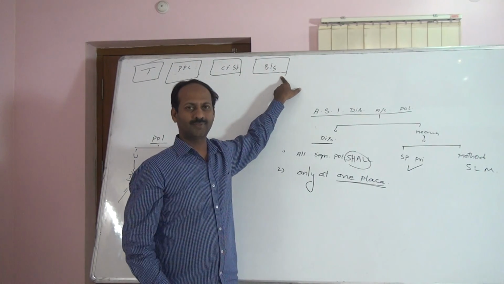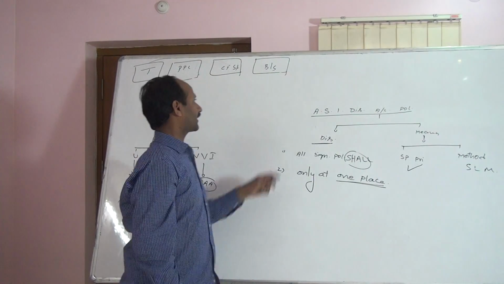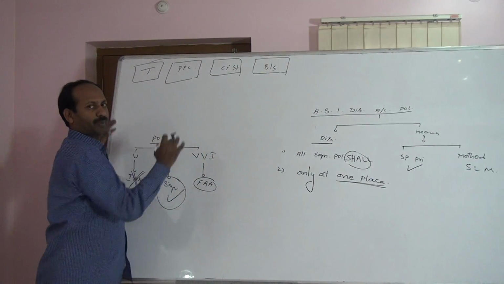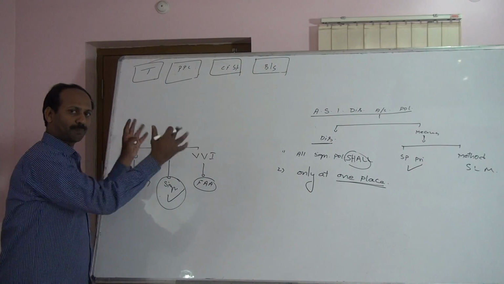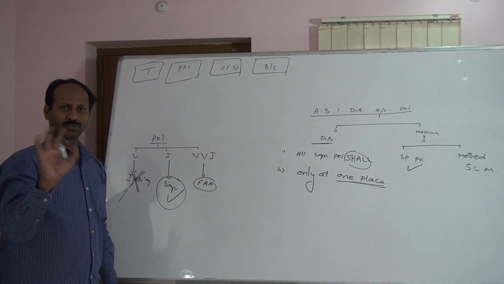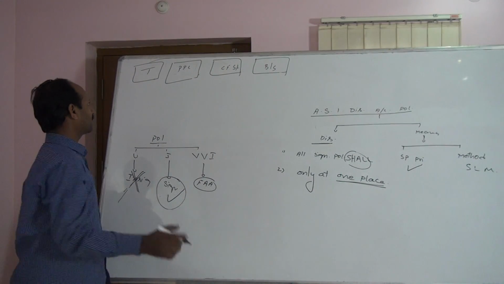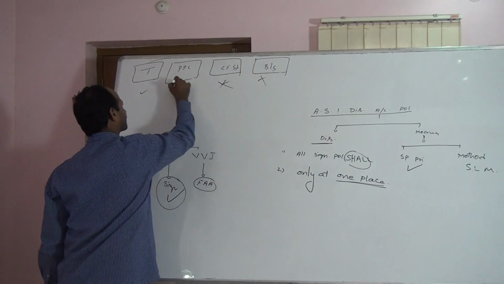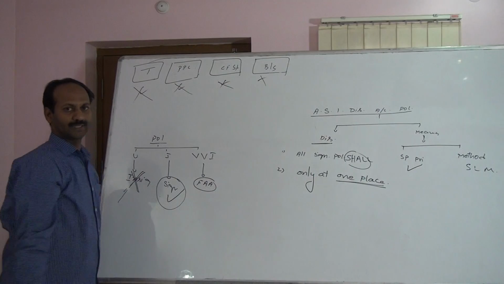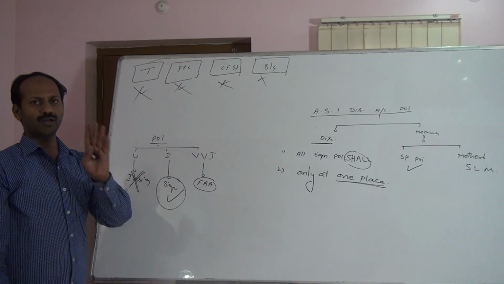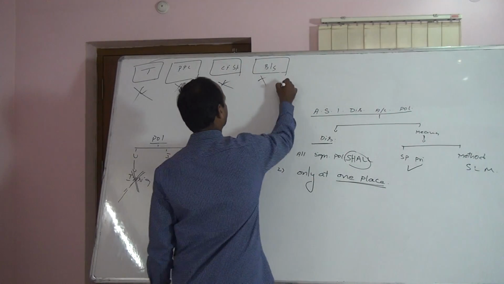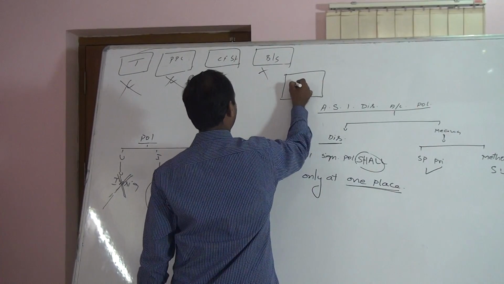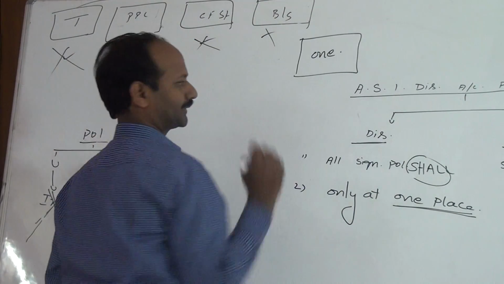Even though various accounting policies are relevant to various documents contained at various places, don't disclose accounting policies at different places in different pages. All accounting policies shall be disclosed only at one place.